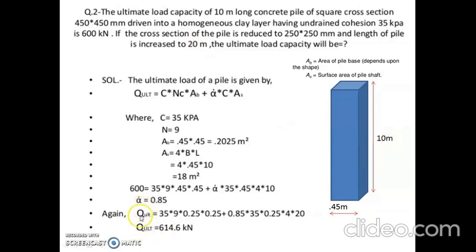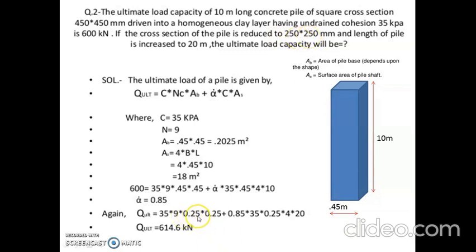So we will use again the formula to find ultimate load of the pile, that is Q ultimate equal to C, that is 35, into N_C, that is 9, into A_B is here 0.25 into 0.25, because in the problem it is mentioned that instead of 450 by 450 mm, the cross section has to be reduced to 250 by 250 mm.